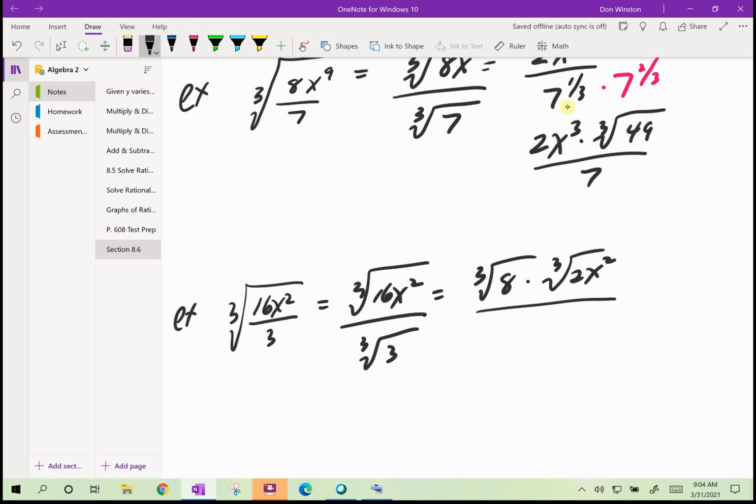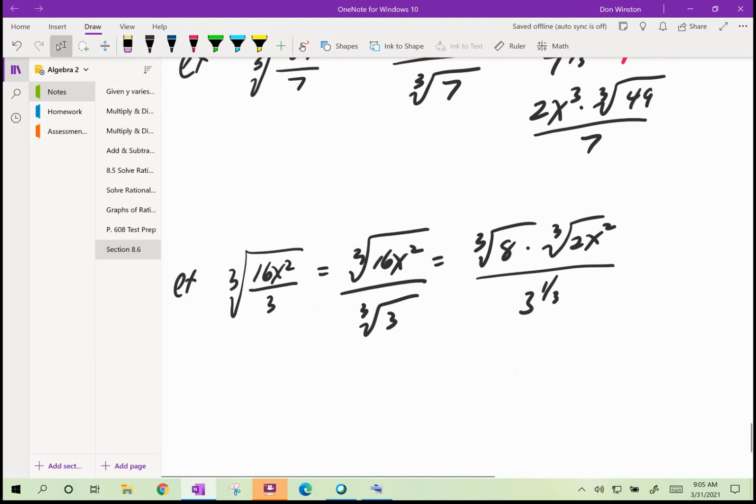And the denominator I'll write as a rational exponent. This would be 3 raised to 1/3. I'll simplify my numerator first.